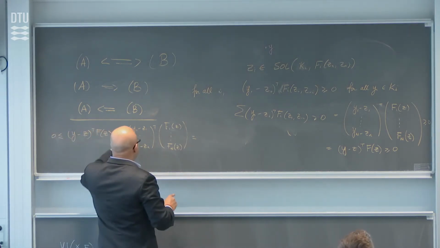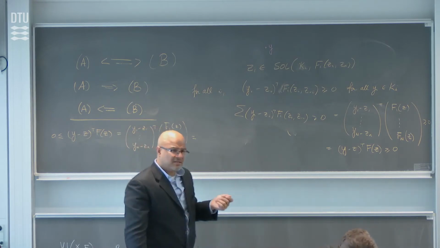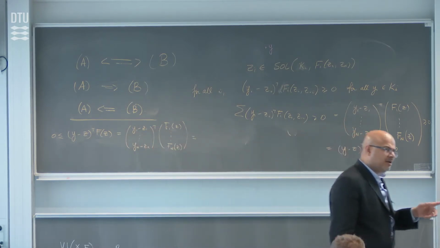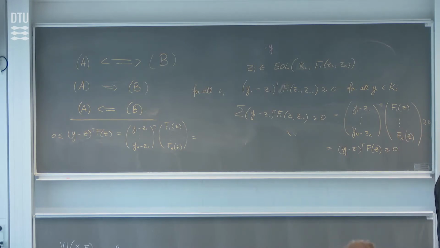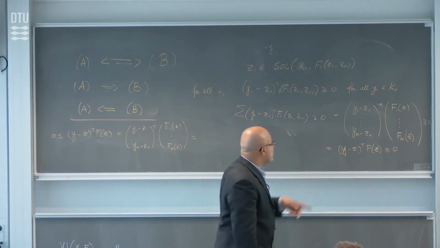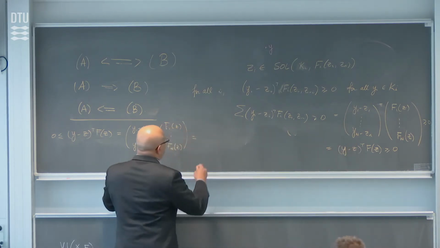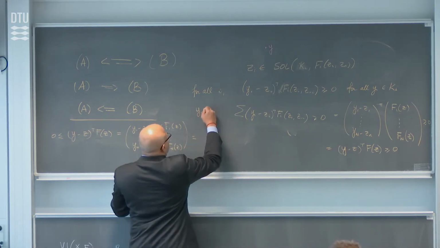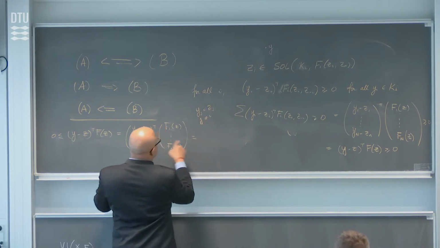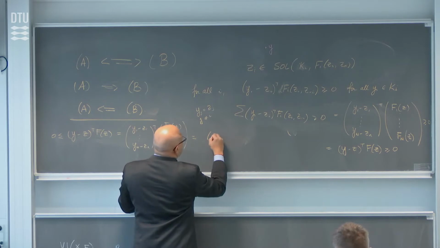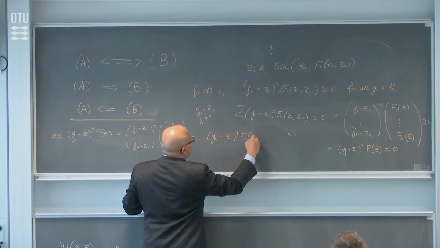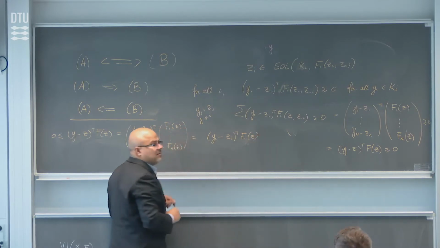Now what I'm going to do is, remember I can choose the y's. So for every y_j which is not from the chosen i, I'm going to choose these y_j's to be equal to z_j, j not equal to i, which means that this reduces to what? Just (y_i minus z_i) transpose F_i(z).